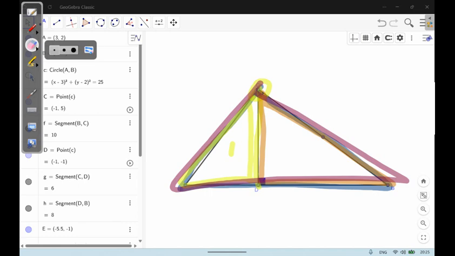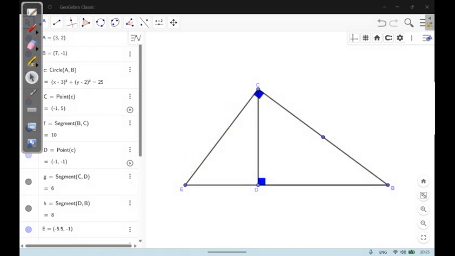Sorry, not congruent, but similar. And so the question then is why, how?